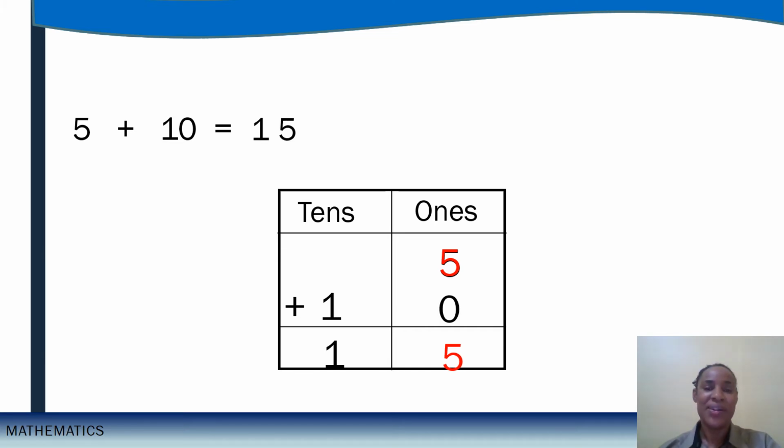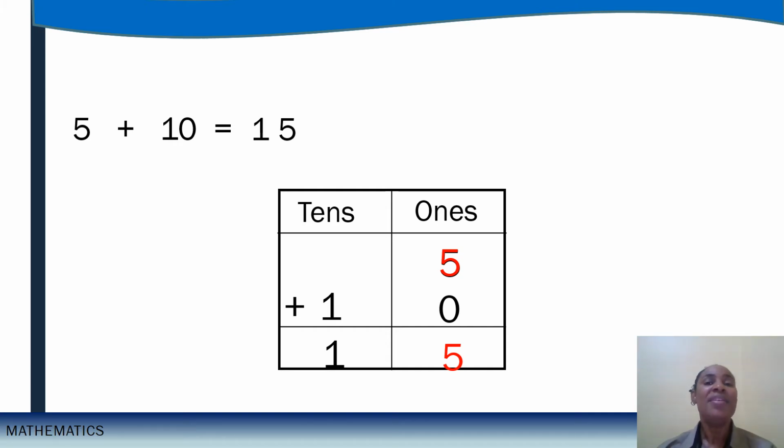Now, boys and girls, I want you to do one more thing for me. I want you to look carefully at the digits in the answer and tell me what you notice about these digits and the numbers that were added. Are you ready, boys and girls? Let me hear you. Excellent.